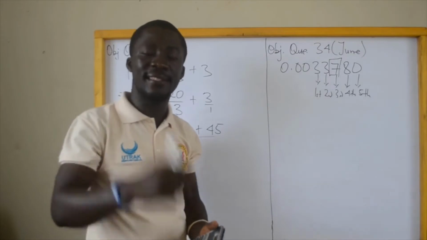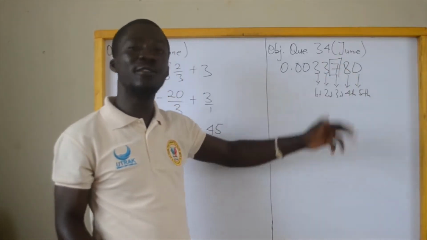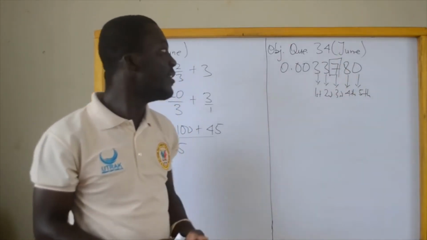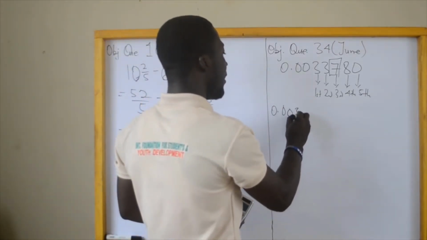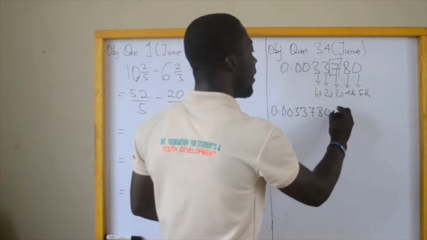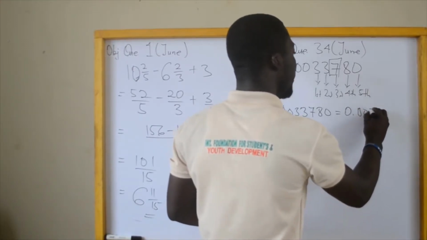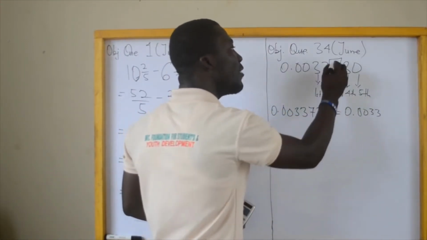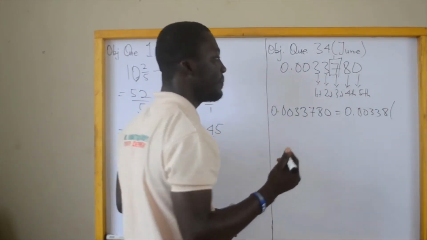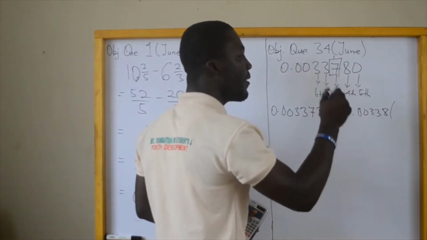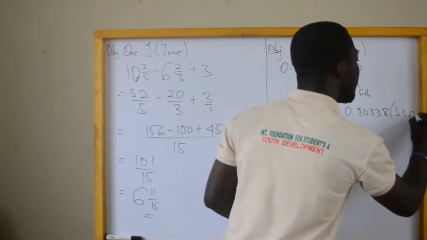But in case it is less than 5, then we ignore it and just maintain the 7. So in the long run, our number 0.0033780 is going to give us 0.0033, and since we are adding 1 to the 7, it will change to 8. Then our answer will be 0.00338 to 3 significant figures.